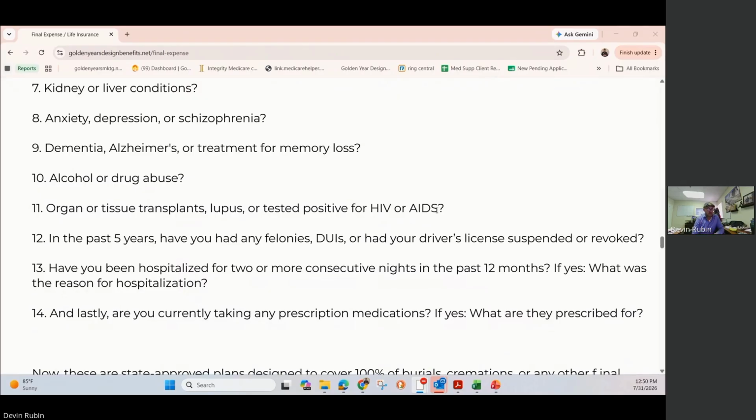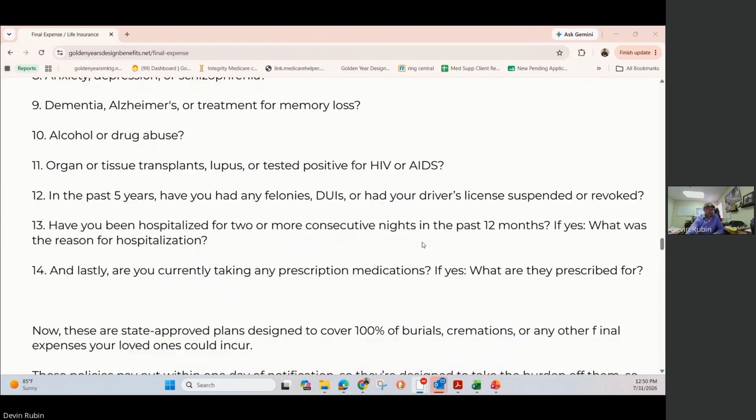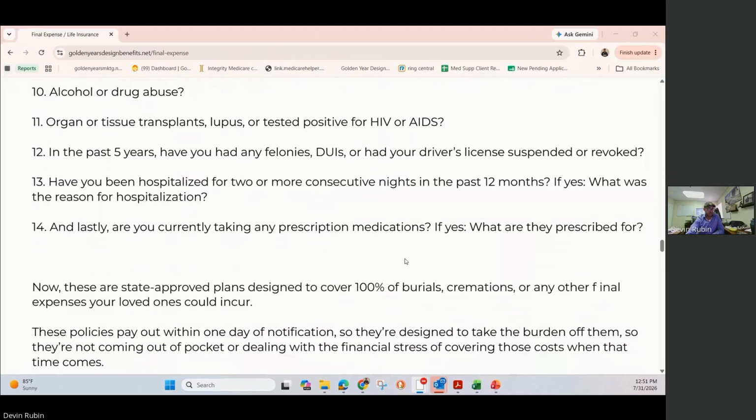Alcohol or drug abuse, any type of organ or tissue transplant, any type of serious autoimmune disease like lupus, or if they've recently tested positive or have tested positive for HIV or AIDS. If they've had any felonies or DUIs, or the license suspended or revoked, that will typically rate them up, or not give them the ability to buy life insurance. If they've been hospitalized, these are things that would typically get somebody to graded, modified, or guarantee issue.